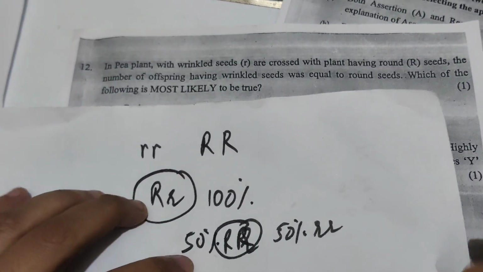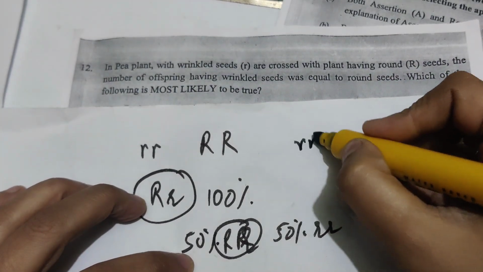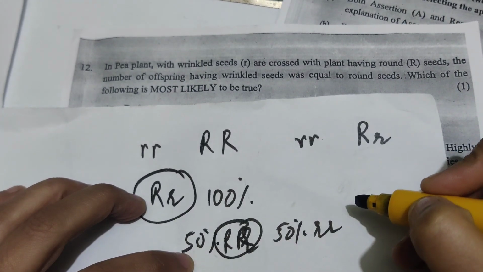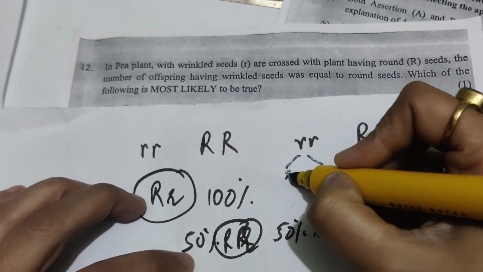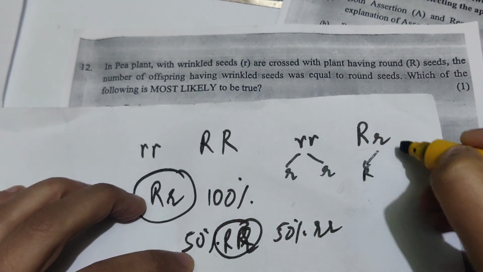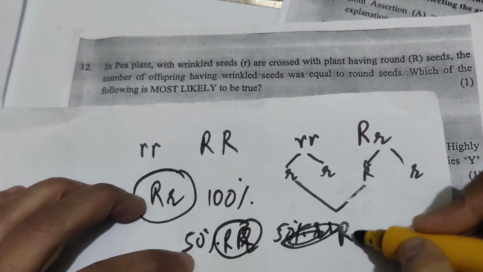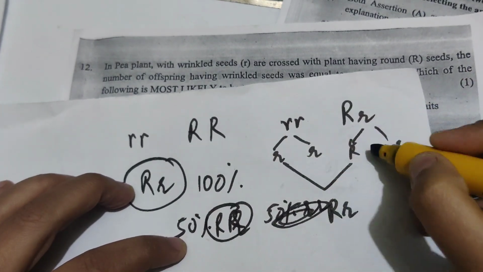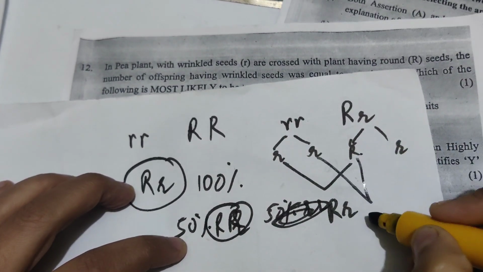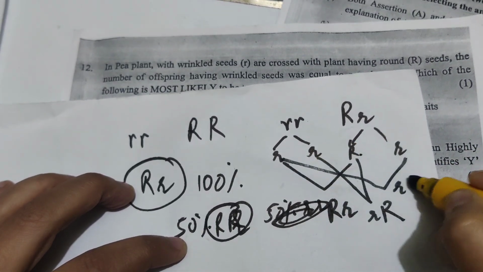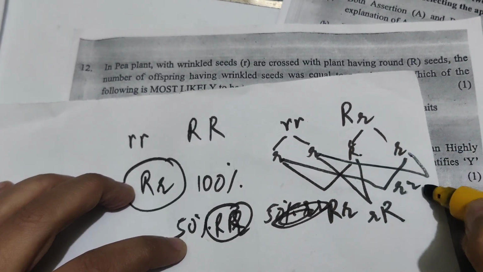So it can only be possible if for the wrinkled we take small r, and for the round we take small r and capital R. So here 4 gametes will be produced: small r, capital R, small r, and when we cross them we get small r, capital R, small r, capital R, and the rest small r.